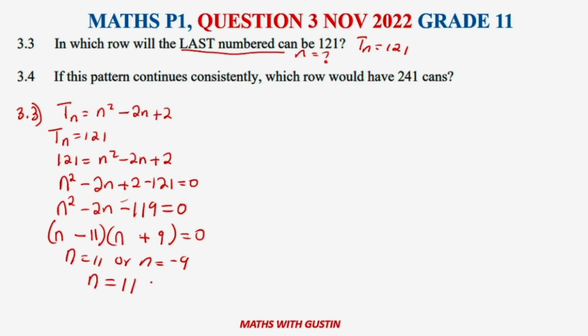Now let's move right along to 3.4. Whenever you see this question, guys, I think we did this in grade 10, where they ask you if this pattern continues consistently, which row would have 241 cans.